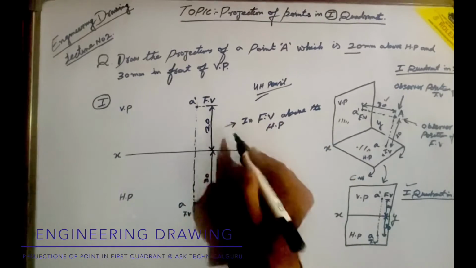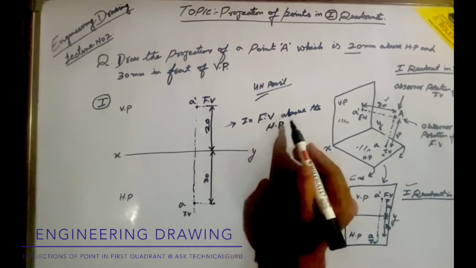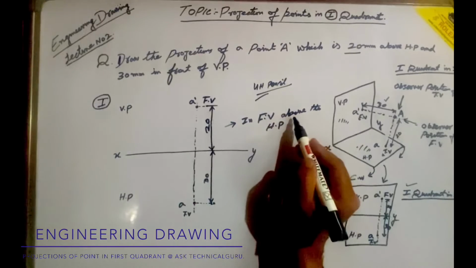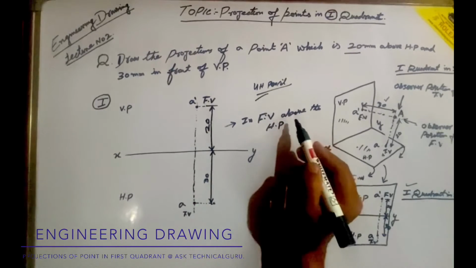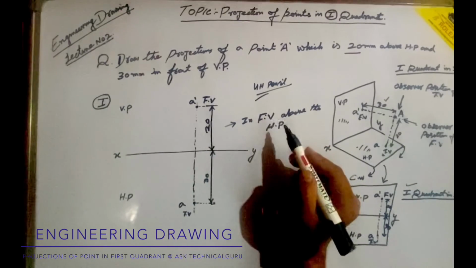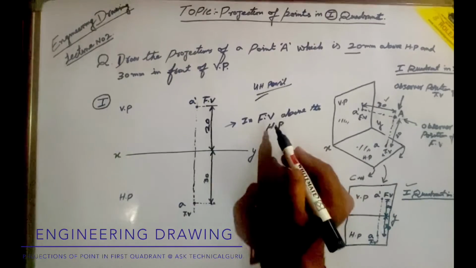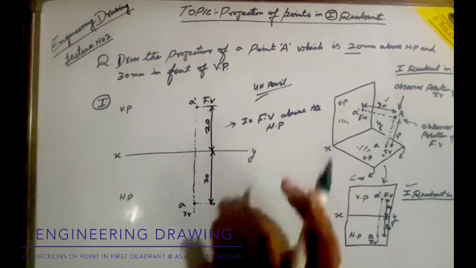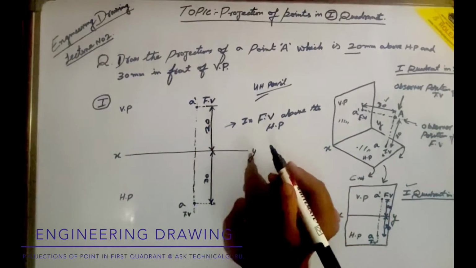Remember this first point. In front view we are able to see how much is the object, may be a point, a line, a plane, or it may be a solid, okay, it is visible to us only in front view how much it is above the horizontal plane.